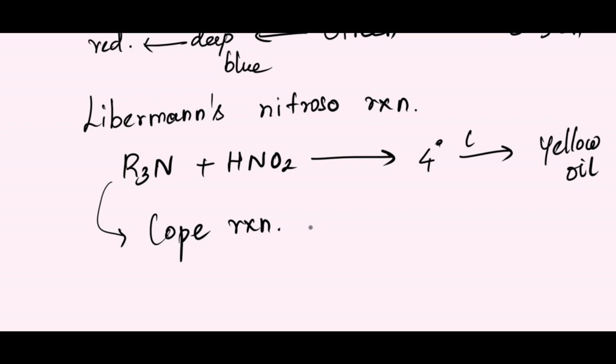So these are the important reactions to distinguish primary, secondary and tertiary. And for aromatic you can easily distinguish by diazotization, the diazonium salt formation reaction. Then we very well know about the electrophilic aromatic substitution reaction.